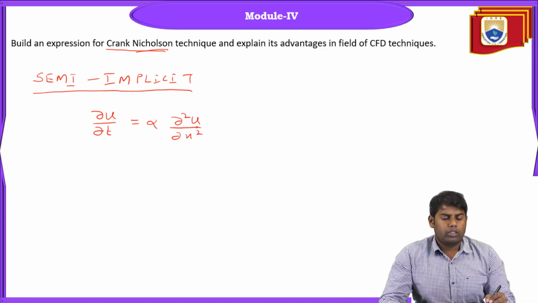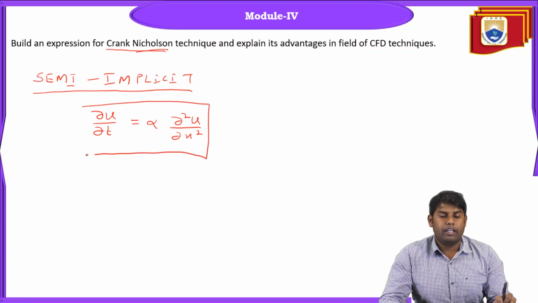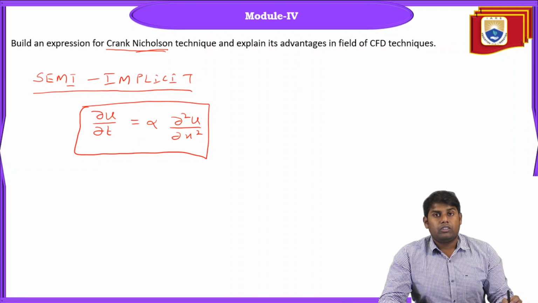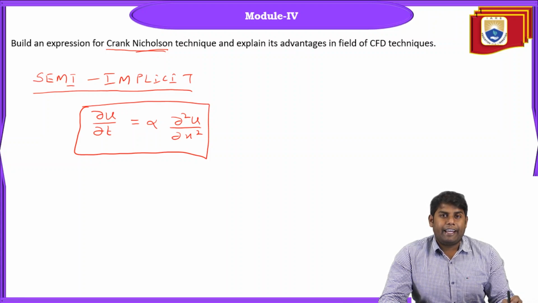Let us write what is explicit and what is implicit. Then we will go for semi-implicit, also known as the Crank-Nicholson technique, and then see the advantages in CFD techniques. First, the explicit method.